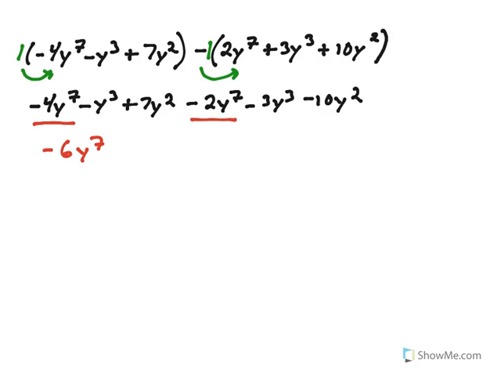The next highest exponent are the cubes. So minus y cubed and minus 3y cubed. Remember, there's an imaginary 1 here. So minus 1 minus 3 more is negative 4y cubed.